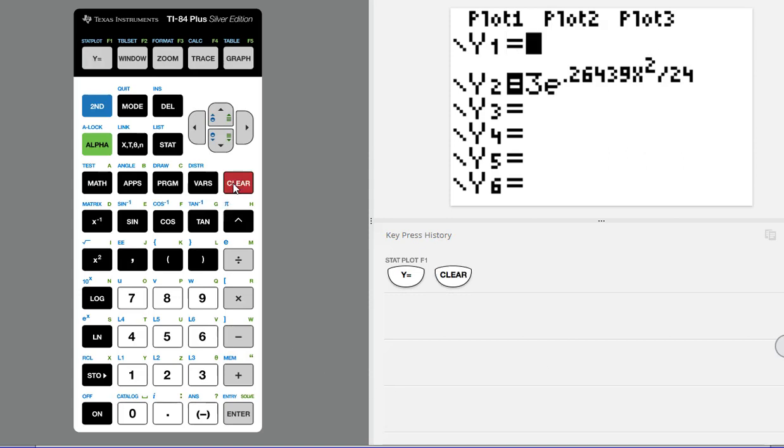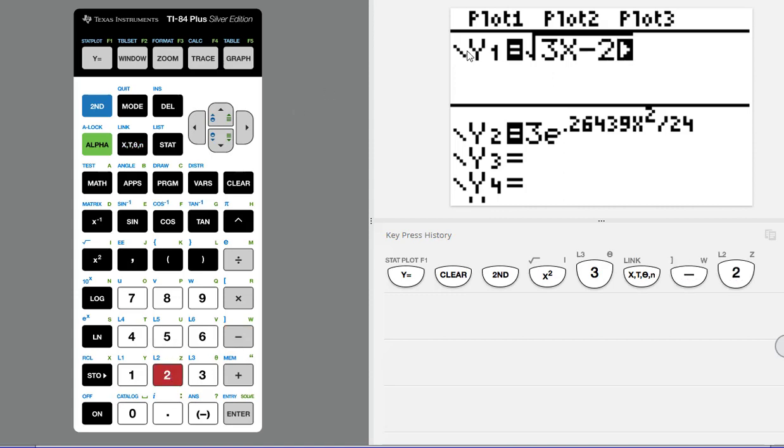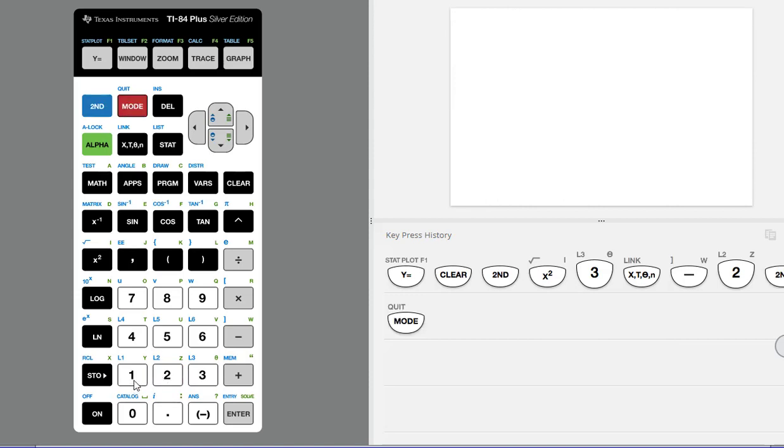So I've got the square root of 3x minus 2. Okay, so that's on my y1 list. So in order to actually integrate this, I'm going to get out of here first. And let's see if it'll do all of this at once.